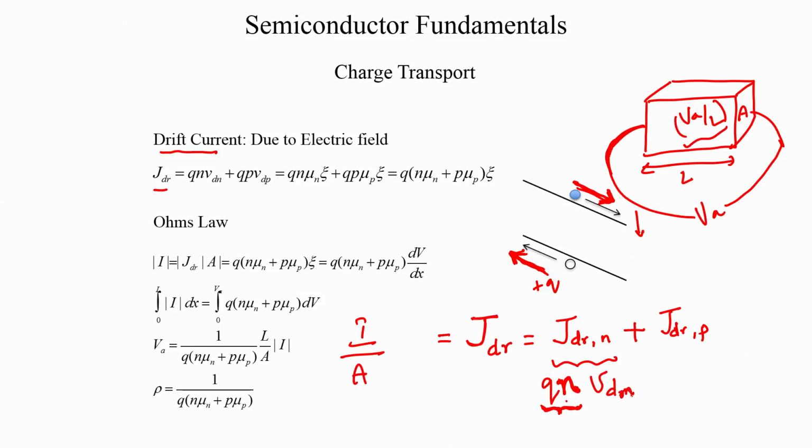This gives a measure of the distance covered by the electrons per unit time, and therefore these terms together are the rate of change of charge per unit area, dq by dt, taken as a per unit area estimate. That is the drift current due to electrons, q n vdn, and similarly for holes you have q p vdp, where vdp is the drift velocity due to the applied electric field.